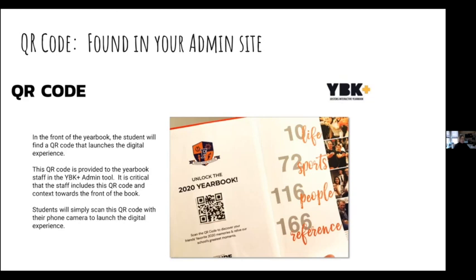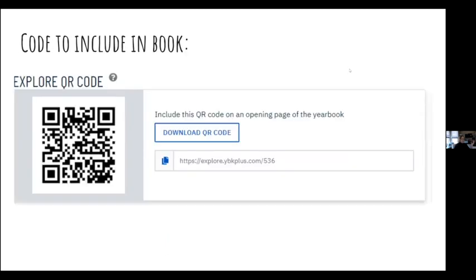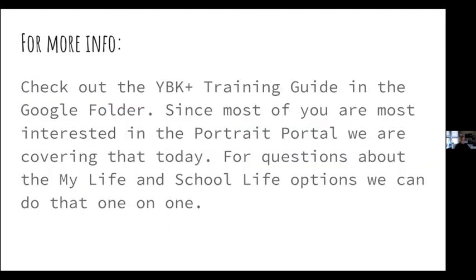And then when they hold it over a portrait, they see those kids' 10 pictures. And if they hold it over what we call the indicator on a photo, they can see all the other photos that you uploaded. And those QR codes are already created for you on your admin page.